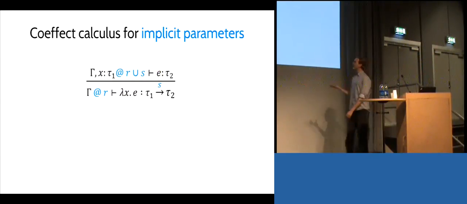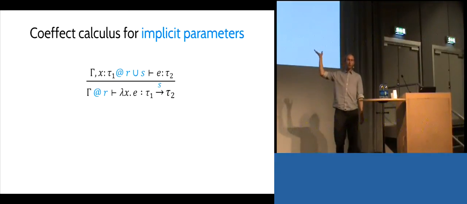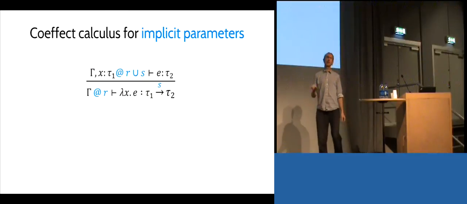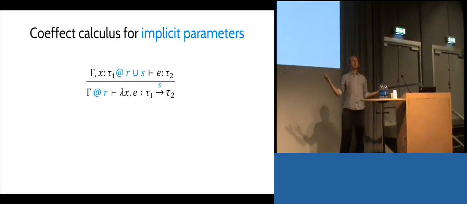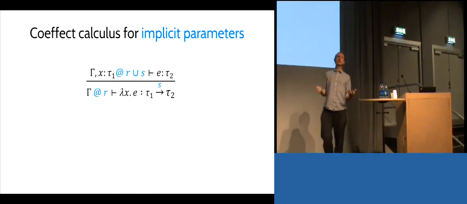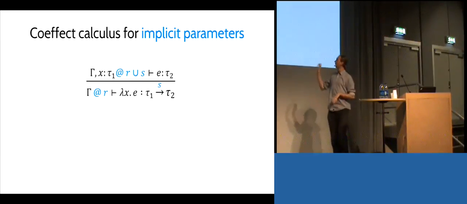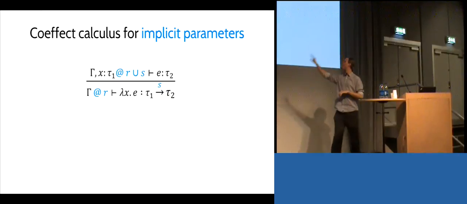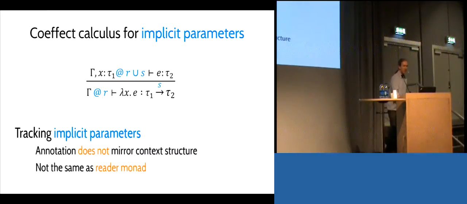So in our type system, you can sort of express this using a typing rule that looks like this. So here again we have annotations. Here, if my body of the function requires some set of implicit parameters that I can split as a union of R and S, then I'll put some of the annotations on the context and the rest of the annotations on the function.